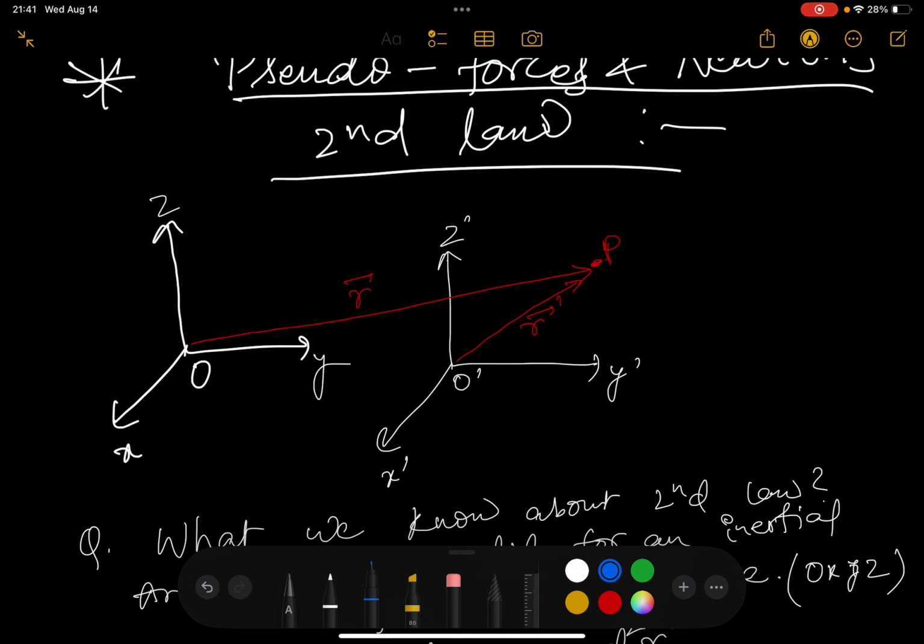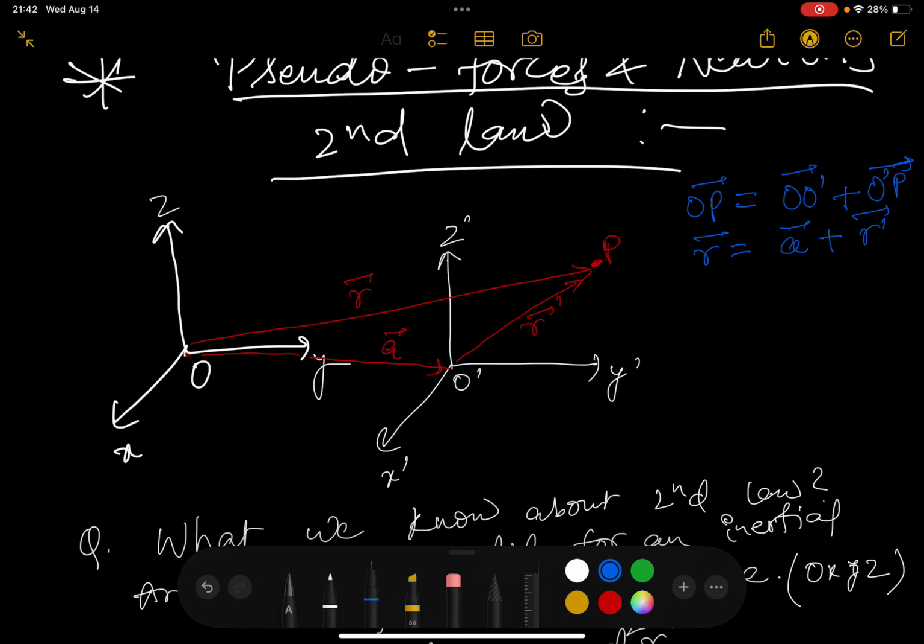So we can define the vector OP equals the vector OO dash plus the vector O dash P, and this one I can call A vector. So OP is r equals O dash, that is A vector, plus O dash P, that is r dash vector.